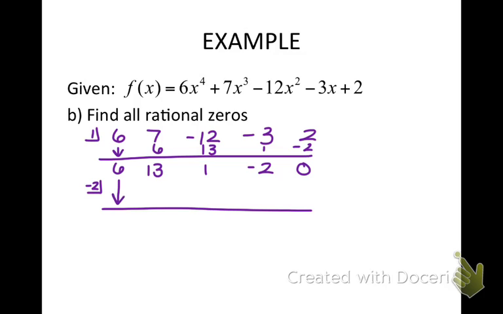So bring down that 6. 6 times negative 2 is negative 12. Adding makes 1. Negative 2 times 1 is negative 2.